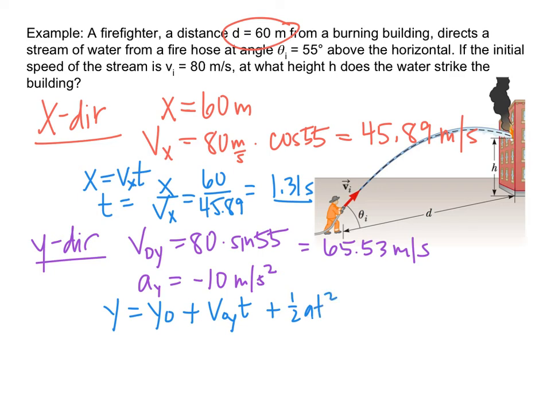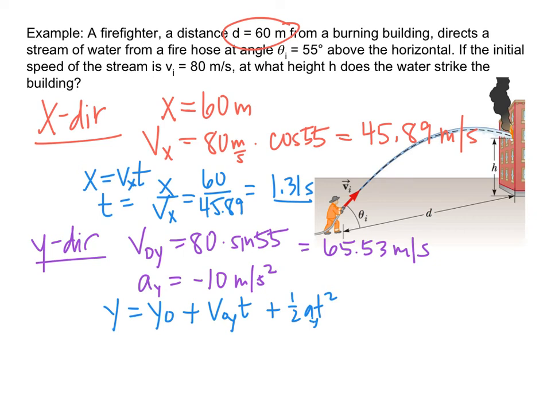Again, all in the y direction. Now, this can handle any sort of time. I don't need to think about, oh, does it go up, does it come down? That doesn't matter. I just need to know the value of t and trust that this function, which would take the shape of this parabola, can handle everything.